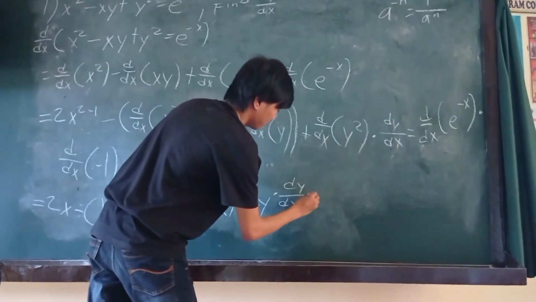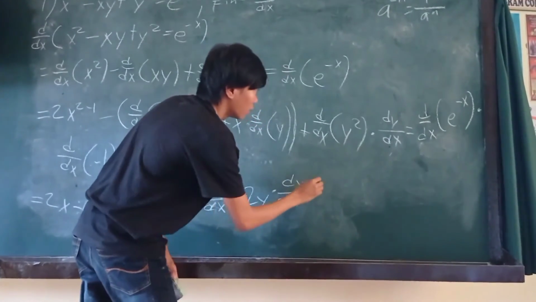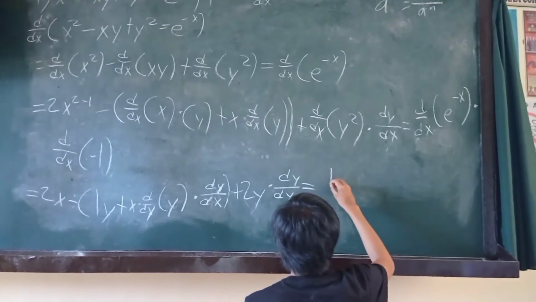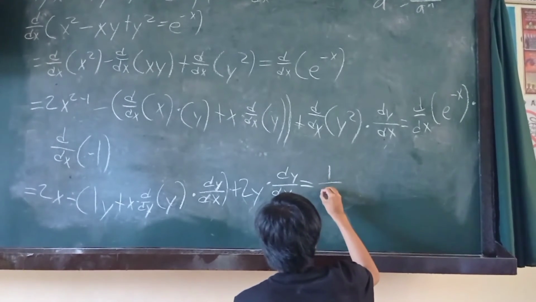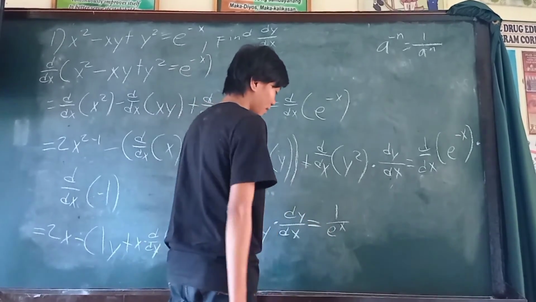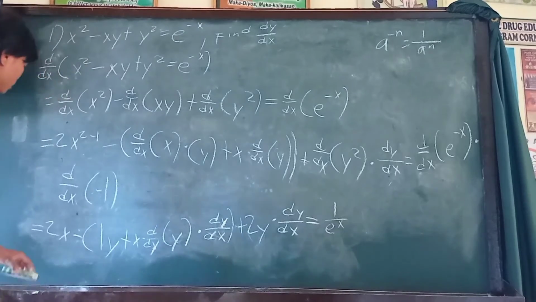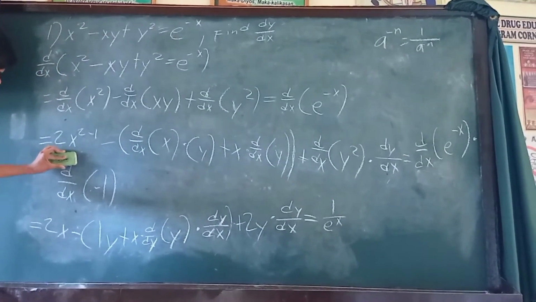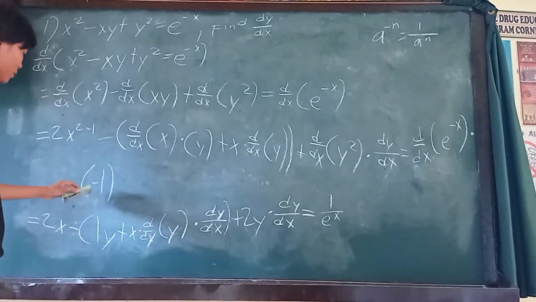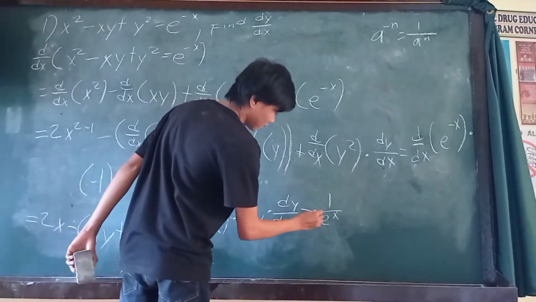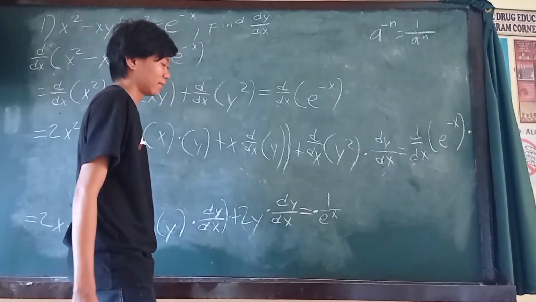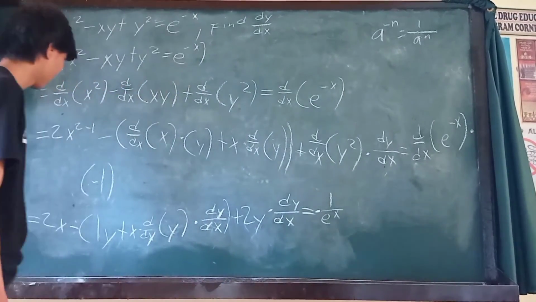So it's equals to 1 over e raised to x. Then perform the multiplication. Sorry, this should be negative 1 only. So negative 1 times 1 over e raised to x.